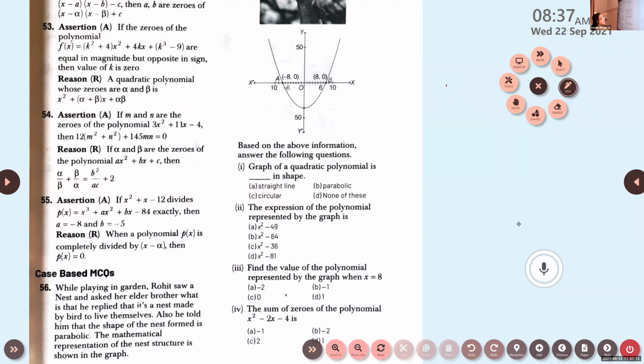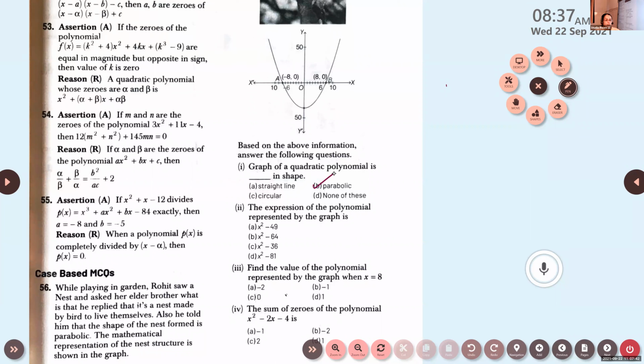First question. Graph of a quadratic polynomial is dash in shape. What was the answer? Quadratic polynomial's graph is parabolic. So answer is B. Very important point: graph of a quadratic polynomial is parabola. What is the graph of a linear polynomial?